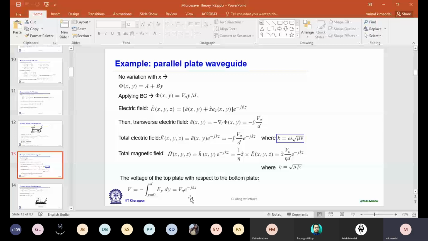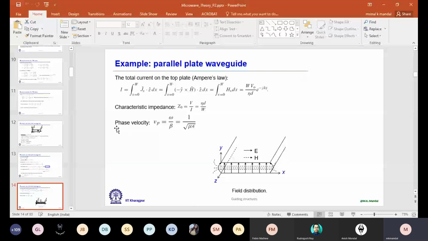Now, what about current? We have metal plates at y equal to 0 and y equal to t. On the metal surface, we have some conduction current, which we can represent by the surface current density, let's say Js.